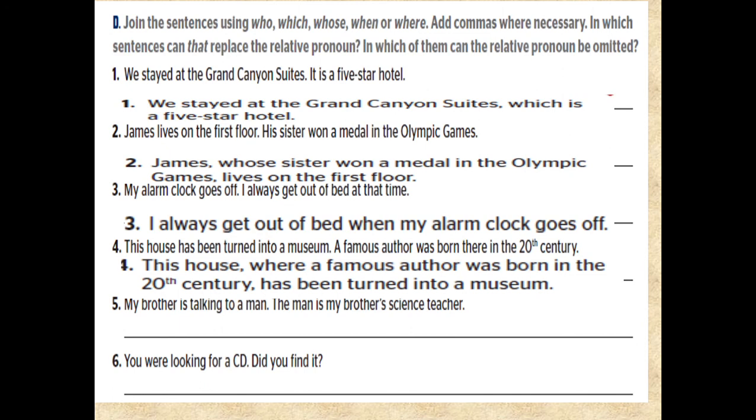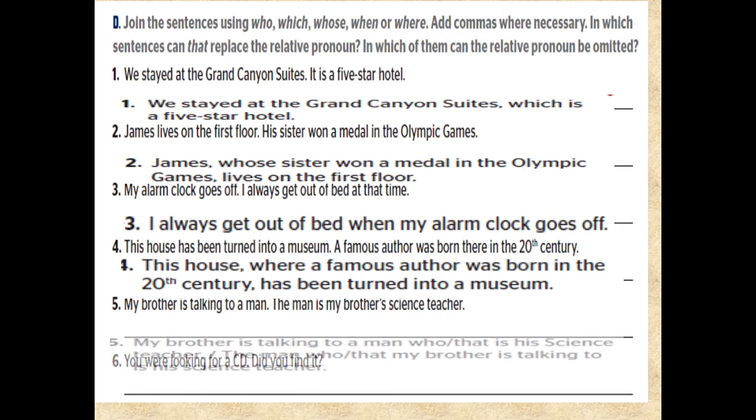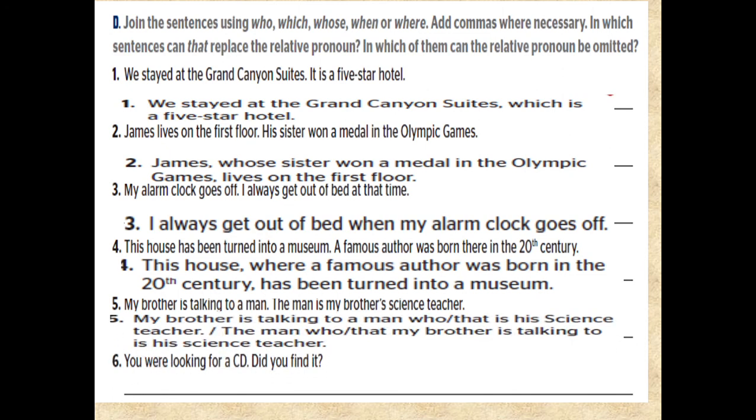5. My brother is talking to a man. The man is my brother's science teacher. My brother is talking to a man who is his science teacher, or you can say the man who my brother is talking to is his science teacher. 6. You are looking for a CD.